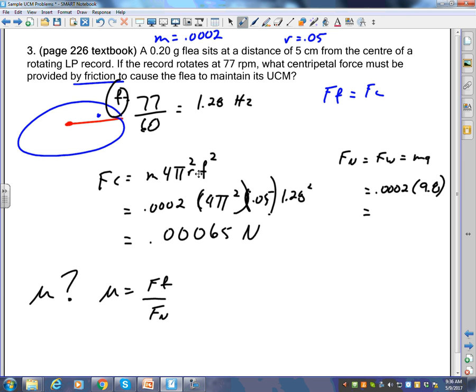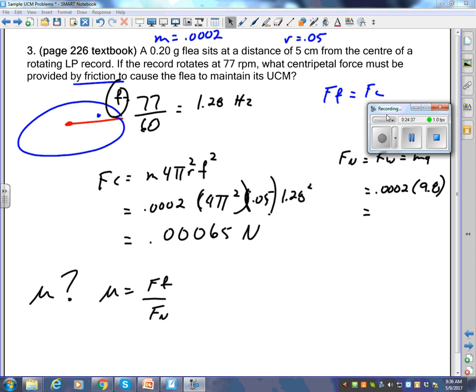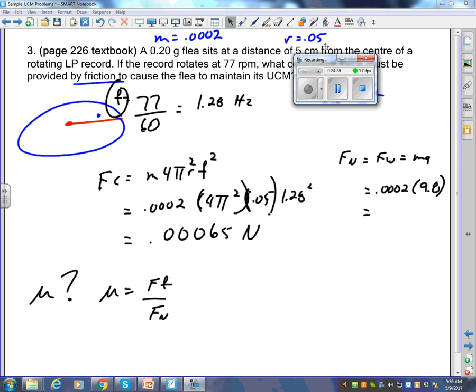The R is not squared. Does that work now, Bailey? Yes. Okay, thank you for spotting my mistake.